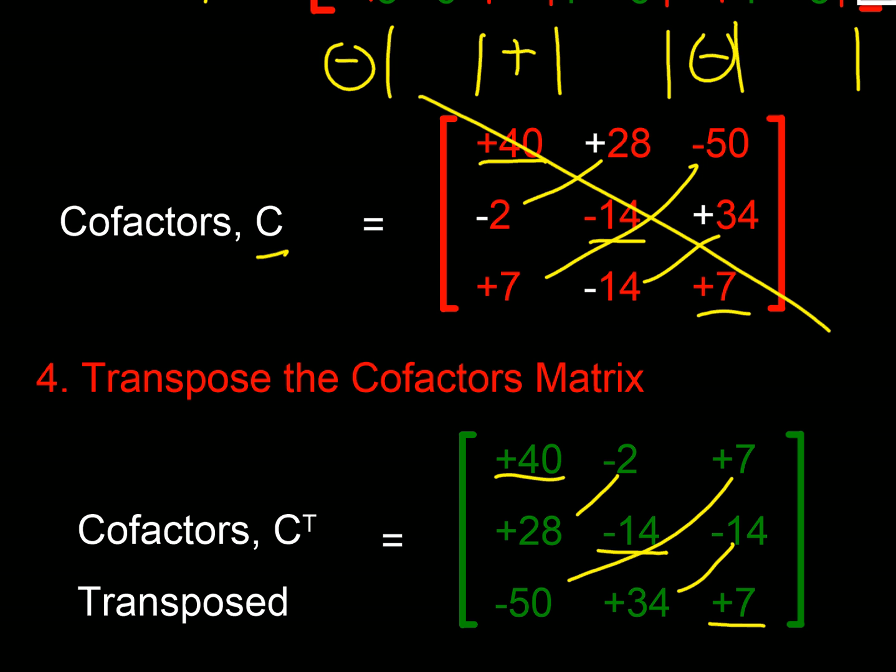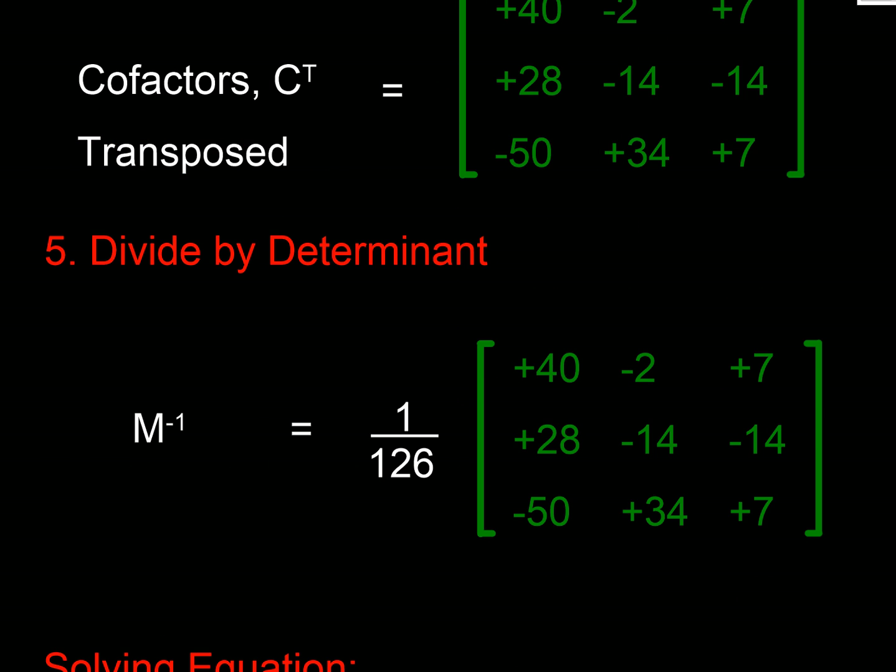And once we've done that, we're pretty well done with what's going inside the matrix of the inverse. The last thing we have to do, as we did with a 2 by 2, is multiply the whole thing by 1 over the determinant. So there we are, 1 over 126. And now we've got an inverse matrix.